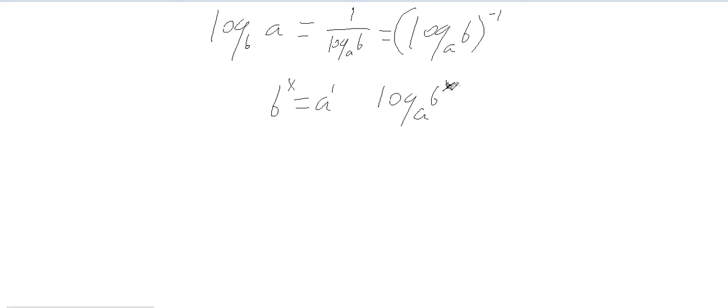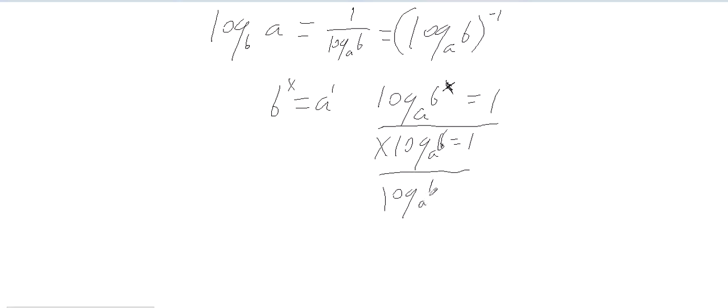b to the x, I can write, equals 1, because that's what we're solving for. Now, with the power rule, this becomes x times log base a of b equals 1. Now let's get everything rearranged as we might otherwise. So that is log base a of b equals 1 over x.